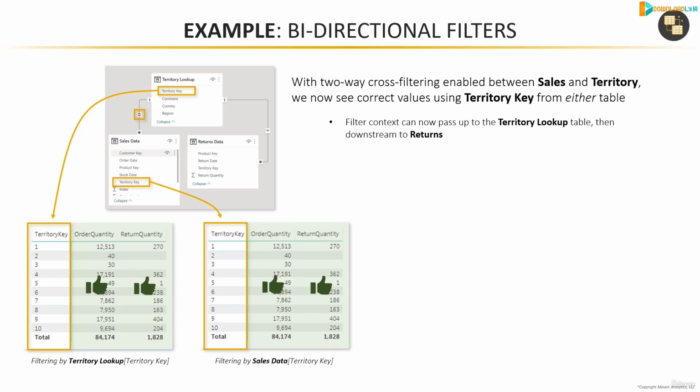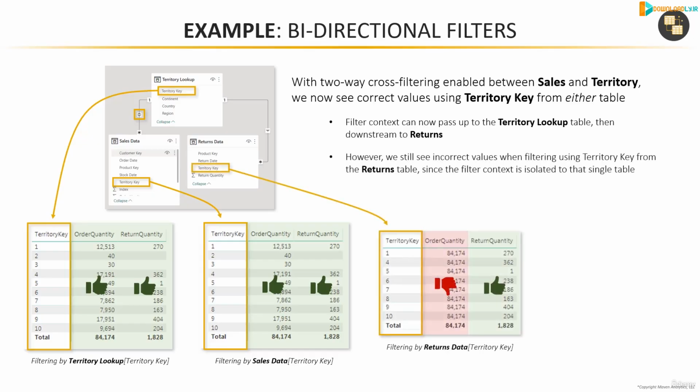Remember, the last time we did this, when we didn't have cross-filtering enabled, that filter context got trapped in the sales table, and we saw the same repeating values for return quantities. But this time, with cross-filtering enabled, that territory key filter context from the sales table is able to pass up to the territory lookup, back down to the returns data, and filter those return quantity values correctly.